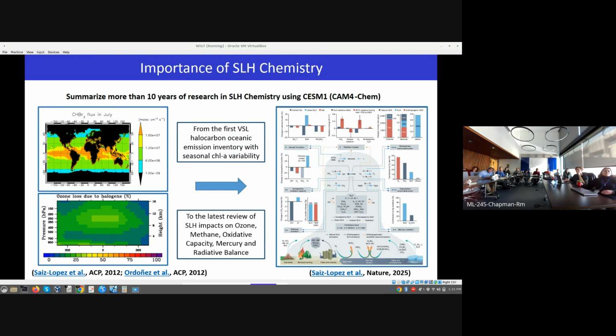We have been addressing many aspects of halogens and how they interact with different oxidants in the troposphere, how they change the HOx-NOx ratio, the methane burden, the aerosol burden, mercury chemistry, and ozone depleting substances with natural and anthropogenic contributions.